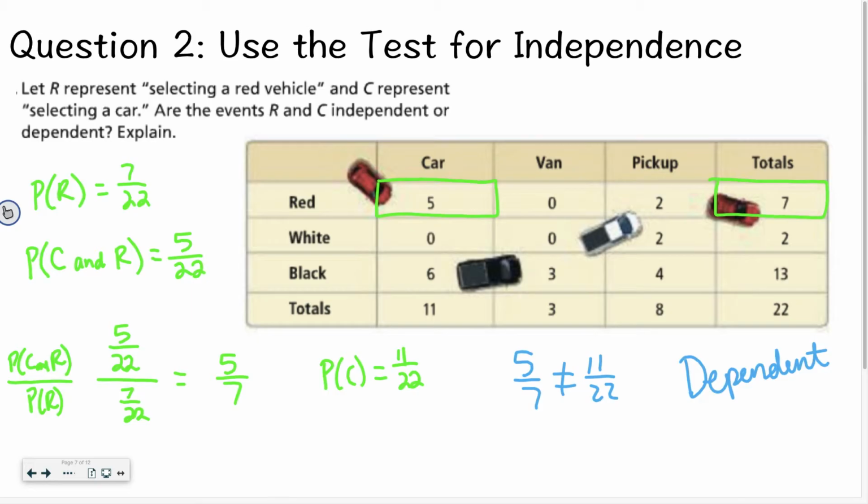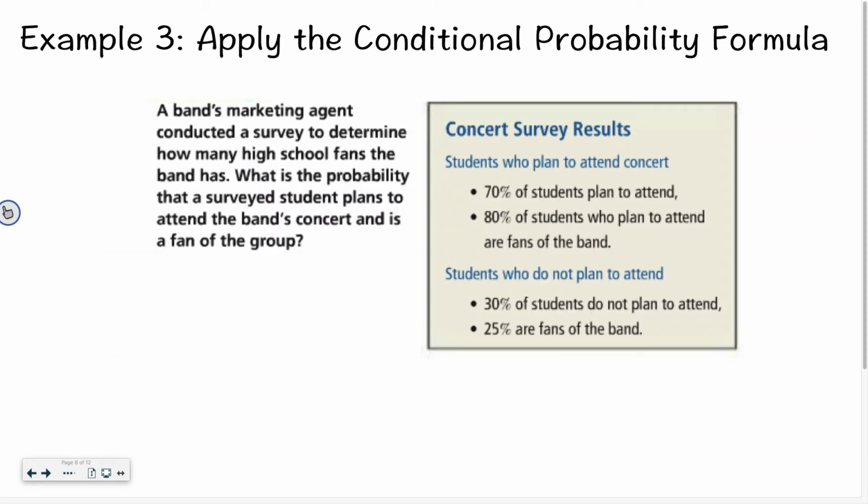If I simplify that, I get 5/7. And if it is independent, that number should equal the probability of it just being a car. So the probability of it being a car is 11 out of 22 options. So unfortunately, 5/7 does not equal 11/22. Therefore, since they do not equal each other, it is dependent.